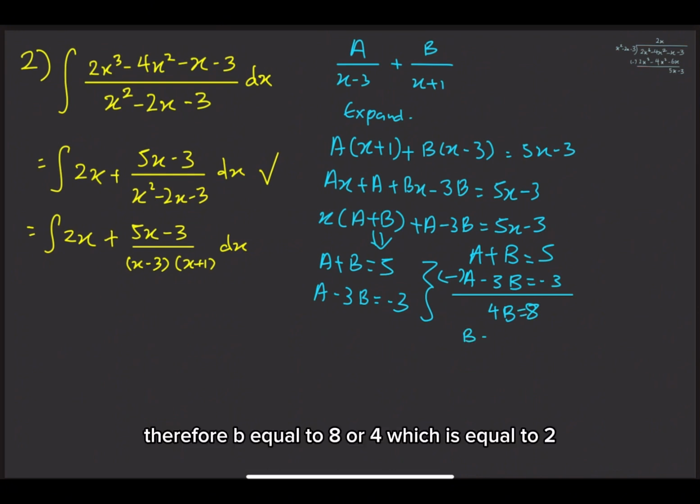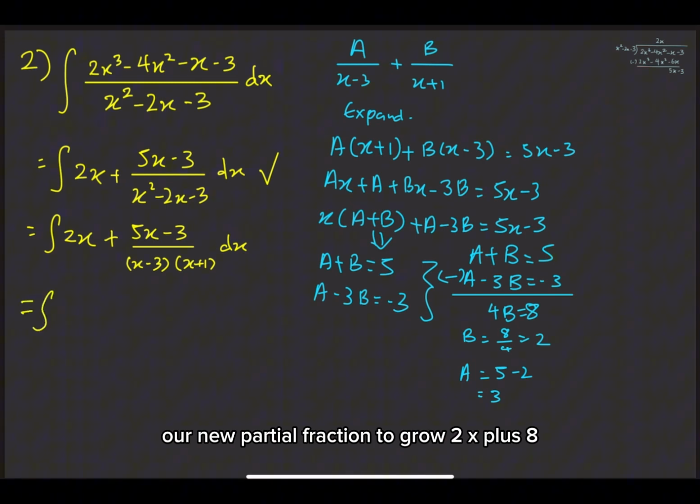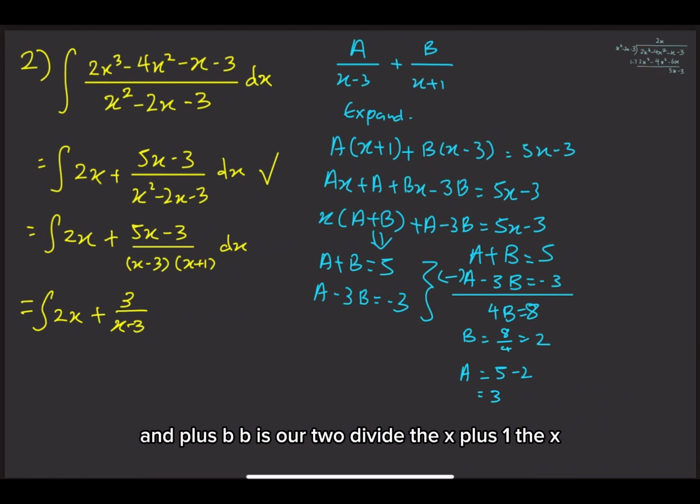Therefore B equals 8 over 4, which is 2, and therefore A equals 5 minus 2, which equals 3. So our new partial fraction integral is 2x plus 3 divided by x minus 3, plus 2 divided by x plus 1 dx.